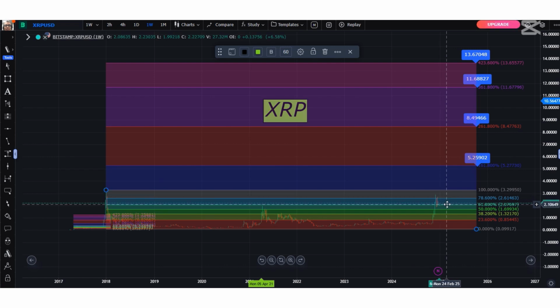But if you don't want to be holding the bag through the next bear cycle, these are going to be some pretty good targets for you. So $5.25, $8.49, $11, and $13 at the very tip top. Feeling pretty good about the $8 mark, maybe even $10, $12 or so.